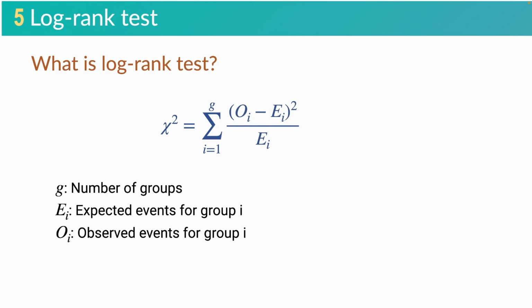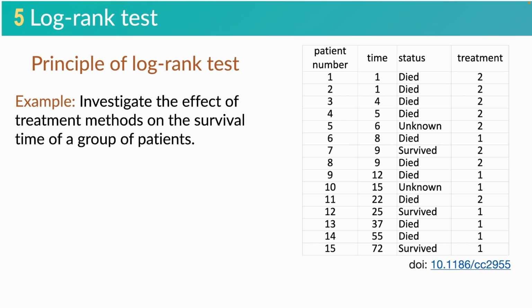This is the equation to calculate chi-square, in which G is the number of groups or treatments, I is a group, EI are expected events for group I, and OI are observed events for group I. We will learn more about this equation when we learn how the log-rank test works, or how we calculate chi-square for this test.